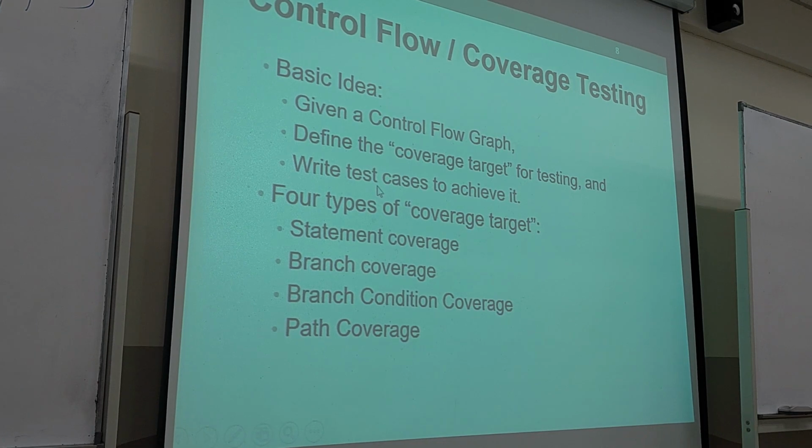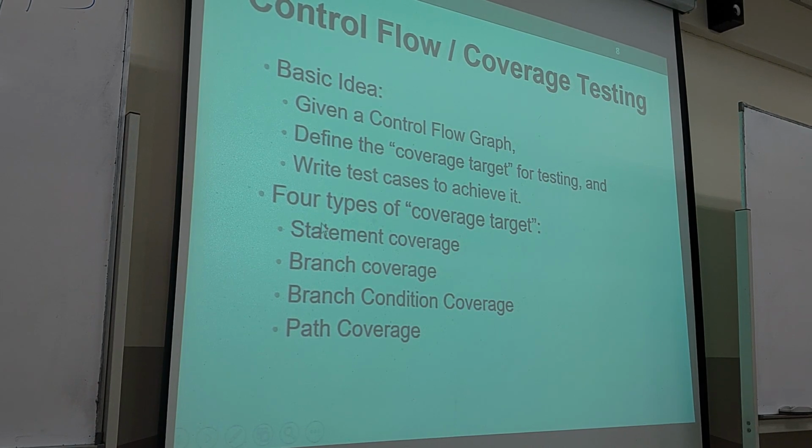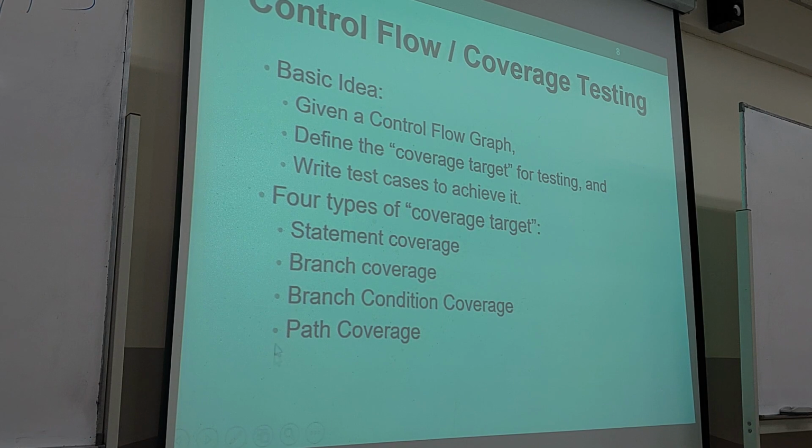Based on the test cases, we test different types of paths. The first three, statement coverage, branch coverage, and branch condition, we will just go through, and then we will discuss more on path coverage.